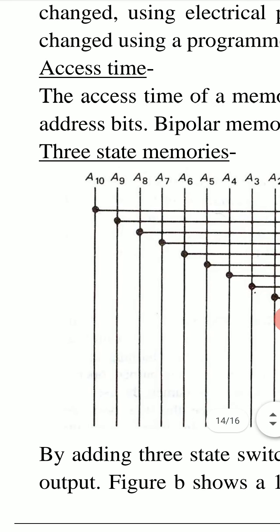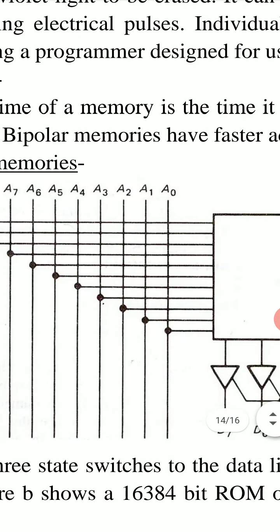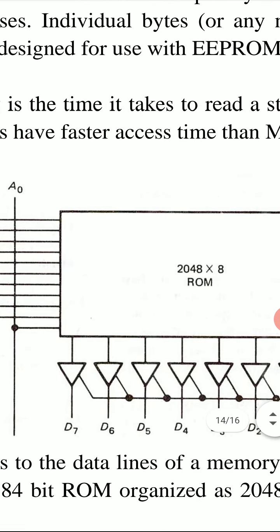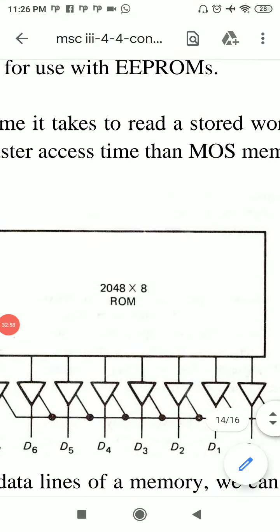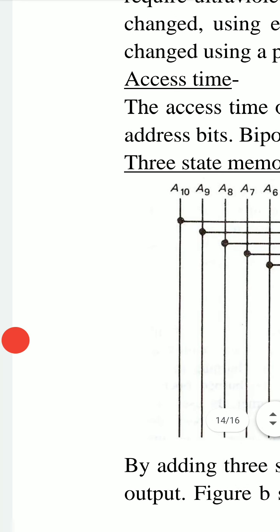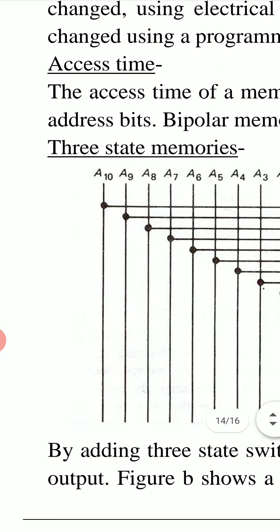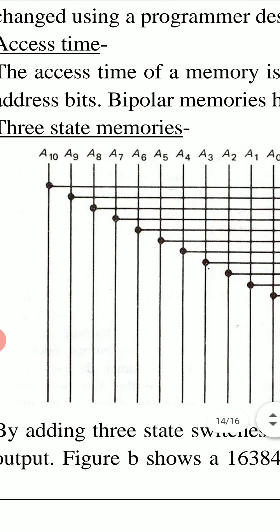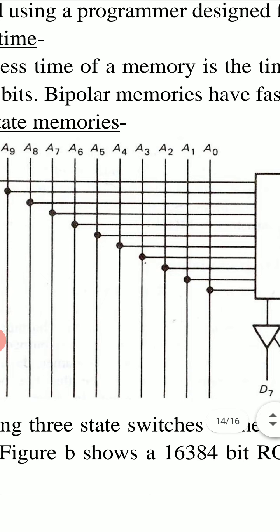Access time. The access time of a memory is the time it takes to read a stored word after applying address bits. If we apply some address bits, then some time is needed to read the content of the memory location.